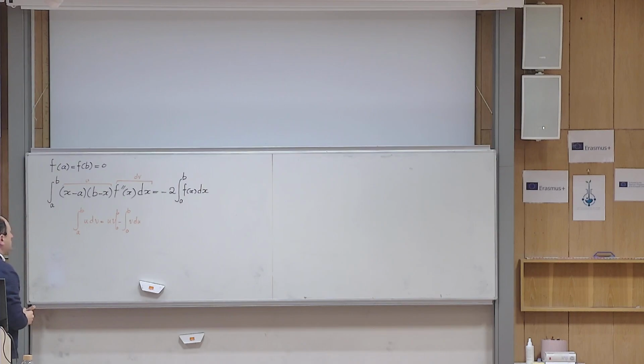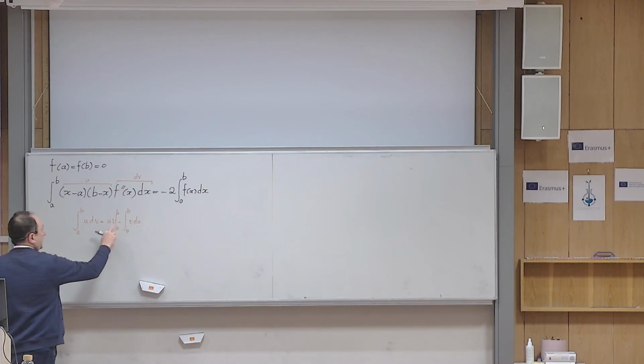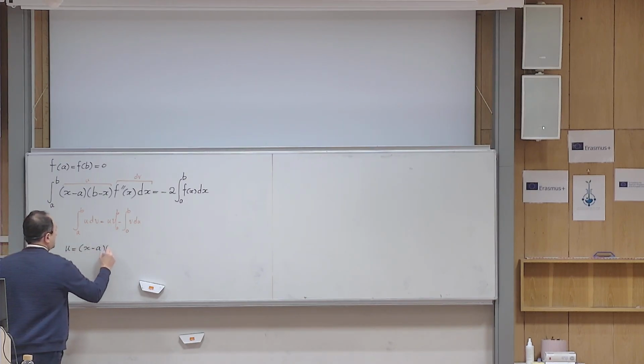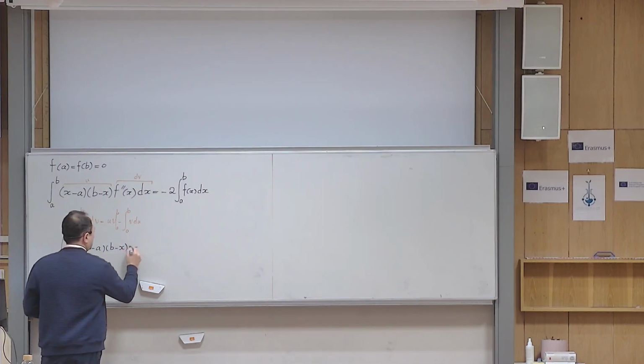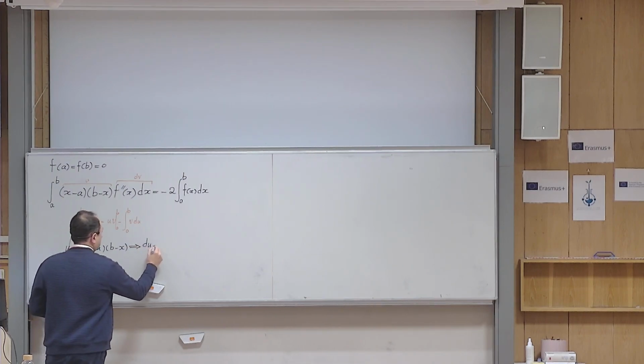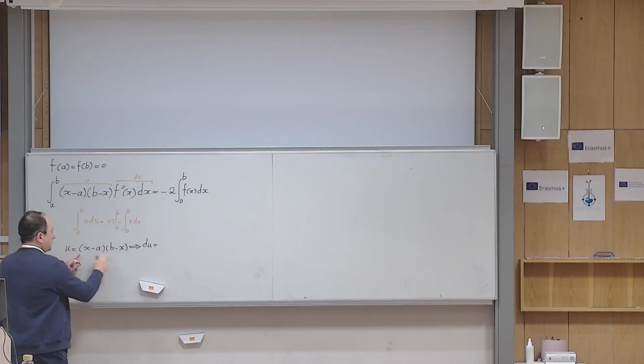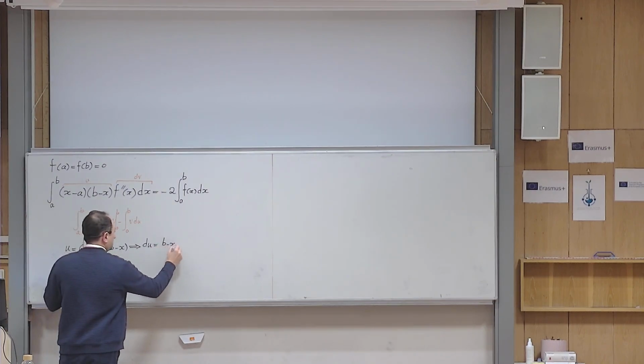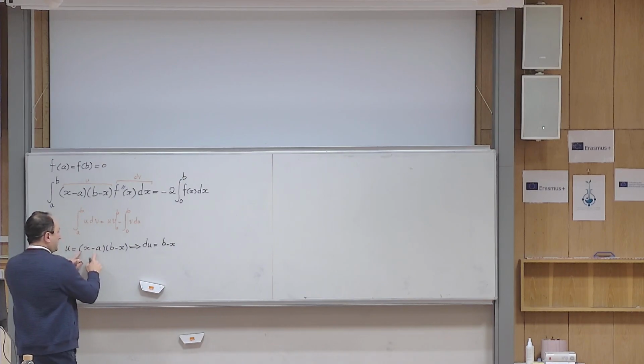Okay, and I start finding du and v. So u is equal to (x minus a) times (b minus x). Then I have to calculate du by differentiating both sides. That's a product rule. The derivative of the first one is 1 multiplied by the second one, plus the first one multiplied by the derivative of the second one.